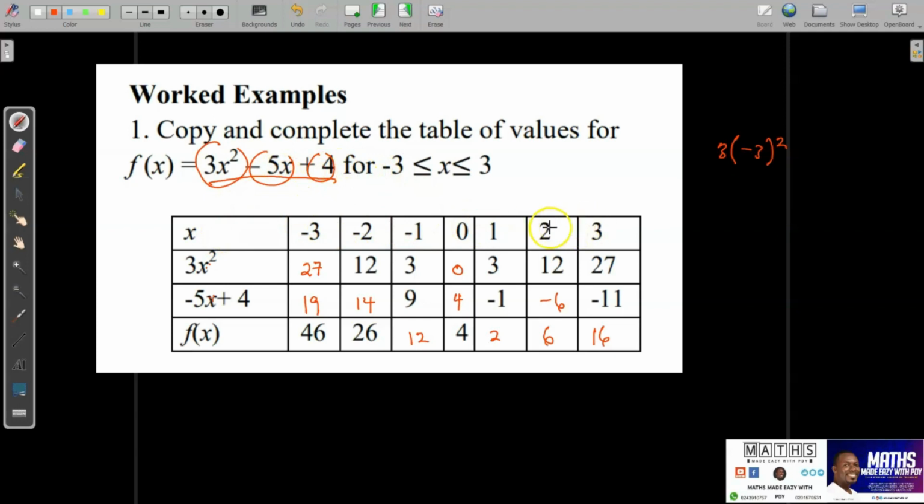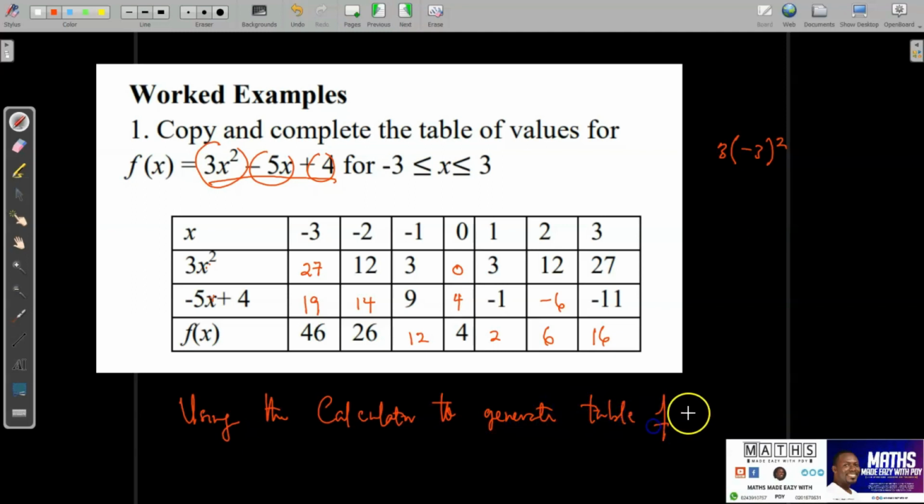I'm going to show you how you can use a calculator to generate your table of values directly. So that's what I'm going to use. So using the calculator. So let's say that you face a scenario whereby they say copy and complete the table of values, and it's not spaced out in this order.